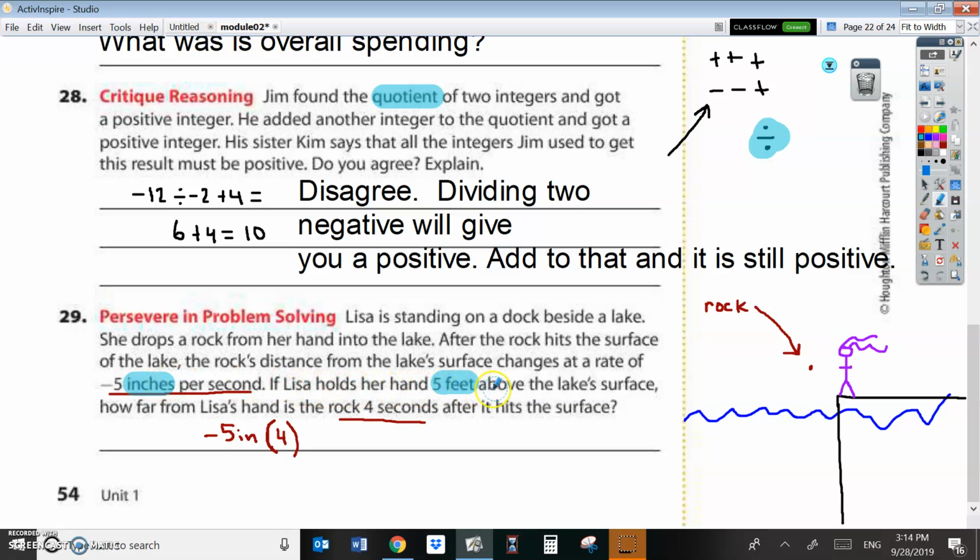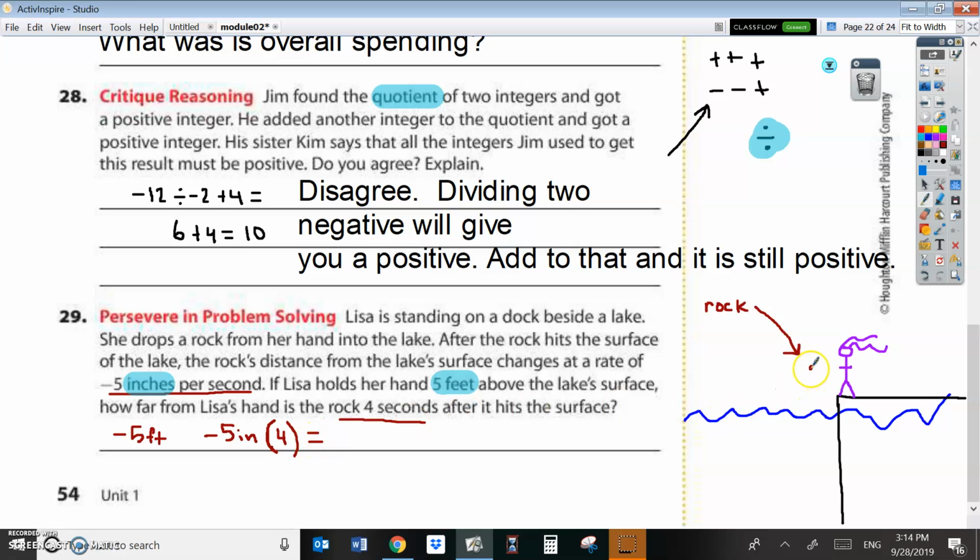If Lisa holds her hand 5 feet above the lake's surface, how far from the lake, from Lisa's hand, is the rock 4 seconds after it hits the surface? So, it starts out going down 5 feet, and then it goes down 5 inches for every second, and it went down 4 seconds.